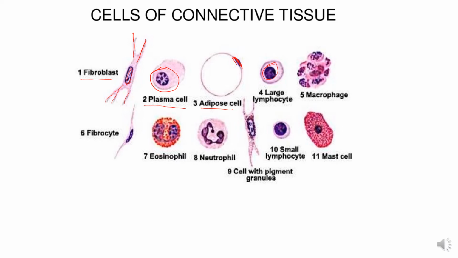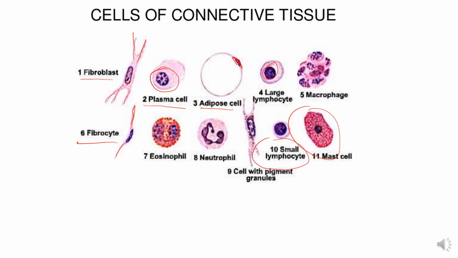And then the macrophages. Macrophages are large cells with processes, and the fibrocyte. This is the inactive fibroblast, and you can see that it is a very thin cell with fewer cytoplasmic processes. Then the eosinophil, the neutrophil. These are the blood cells which migrate into the connective tissue, and then the small lymphocyte, and then mast cells.